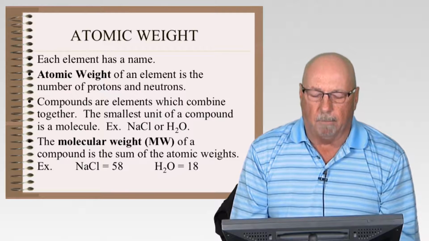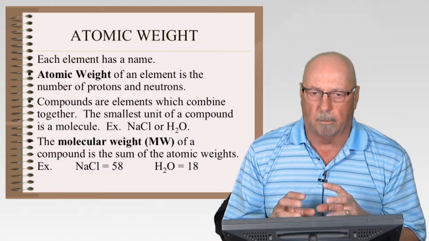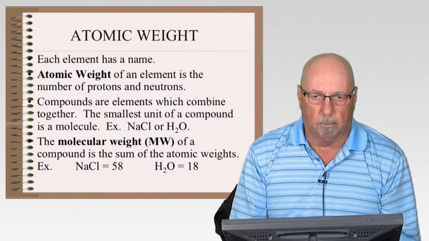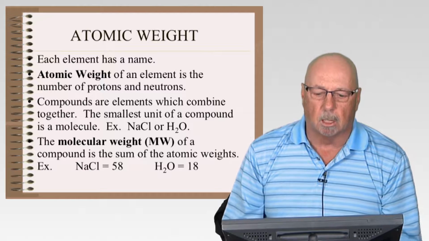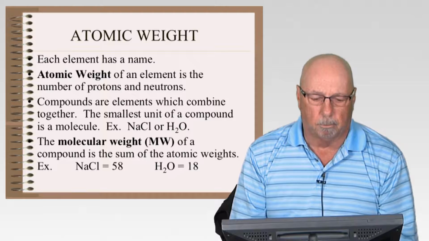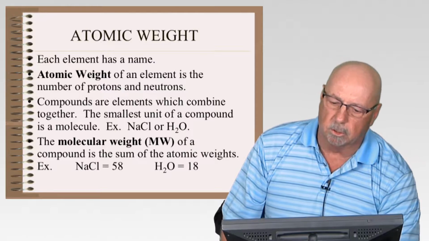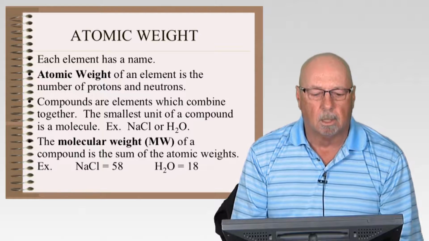When we combine 2 elements together, we form what is referred to as a compound, and the simplest or smallest unit of a compound is referred to as a molecule. Here we see examples of a molecule of sodium chloride and a molecule of water, which is 2 hydrogen and an oxygen.